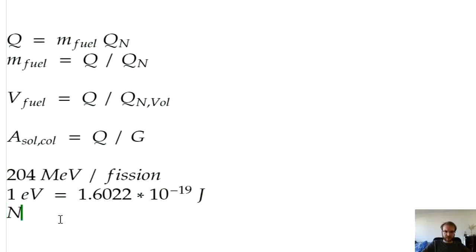Then we will require the Avogadro number marked as A, which is 6.022 times 10 to the 23 particles or atoms or components per single mole.